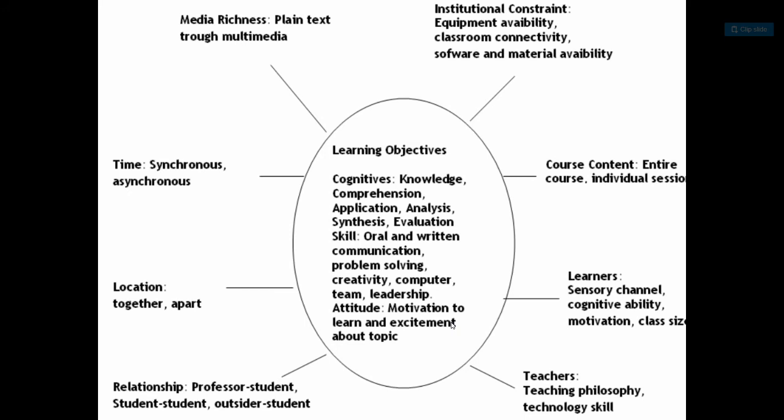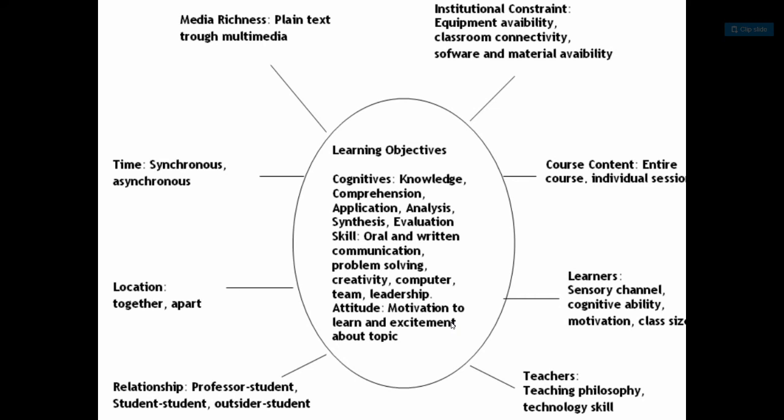Then if we talk about institutional constraints, what kind of things can the institution provide? Equipment availability, classroom connectivity, software, and material availability. After that, the course content, related to the entire course, then individual sessions.